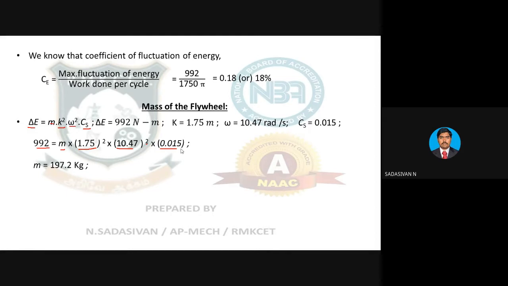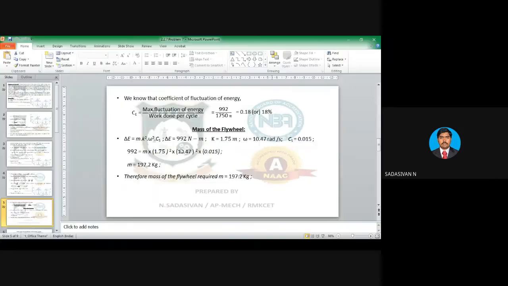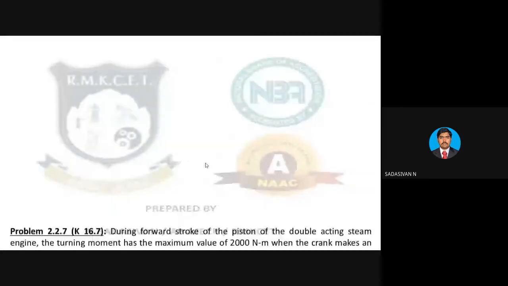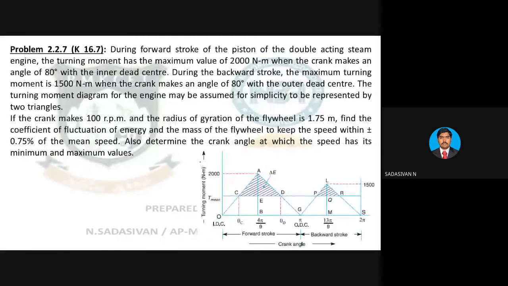Now let us go back and read the third question. You have to understand that very carefully. If the crank takes 100 RPM, represented by the diagram, also determine the crank angle at which the speed has its maximum and minimum values.